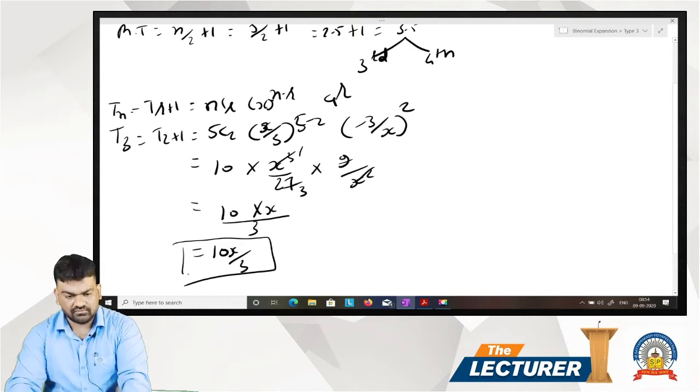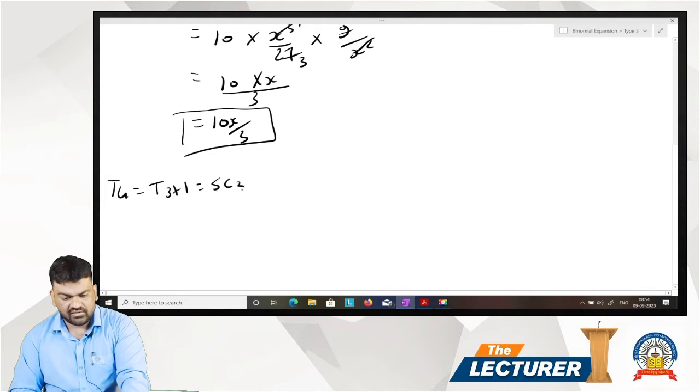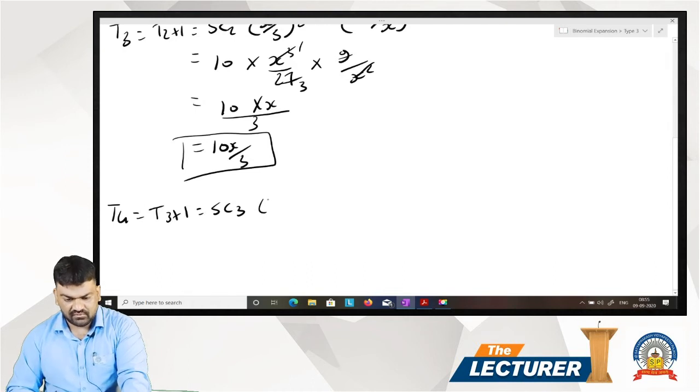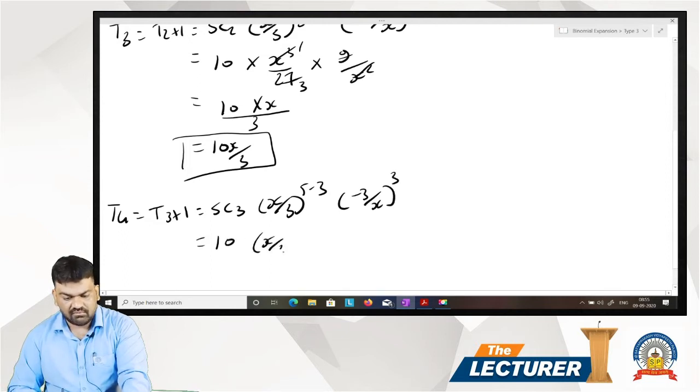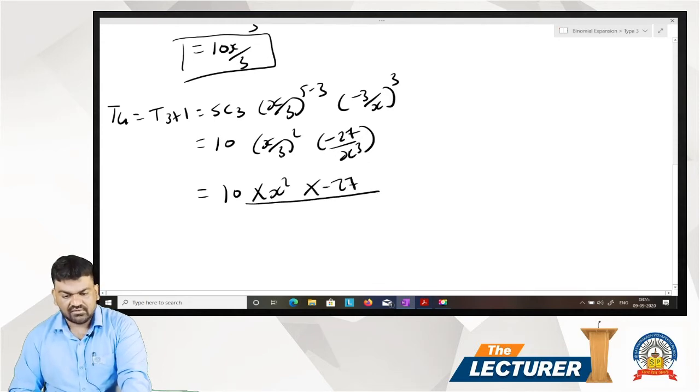Now T4. T3 plus 1, 5c3. X by 3 raised to 5 minus 3, minus 3 by x raised to 3. 10 x by 3 raised to 2, minus 3 raised to 3, that is minus 27 divided by x cube. 10 x square minus 27 divided by 3 square 9 multiplied by x cube.